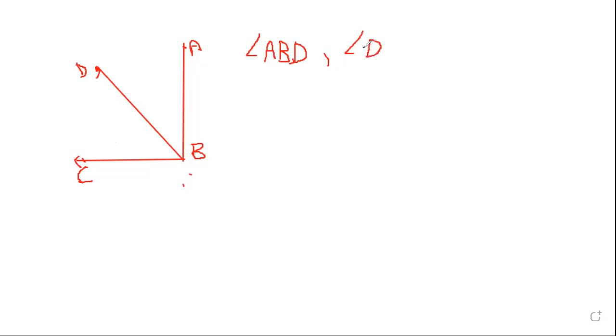Yes, because in this case we have a common side and a common vertex. Both of them have the same vertex, which is B, and the common side lies between the other two sides, which are AB and BC.